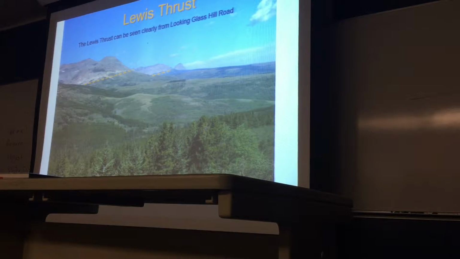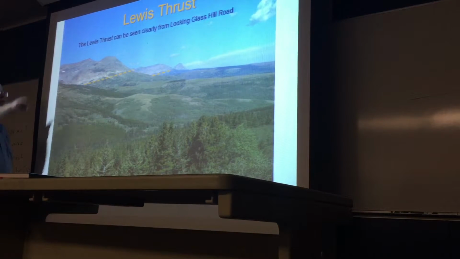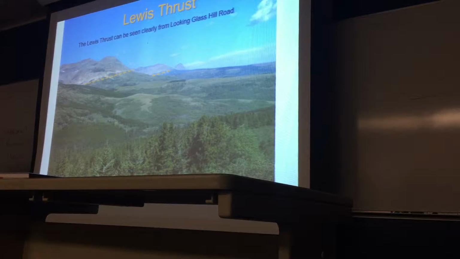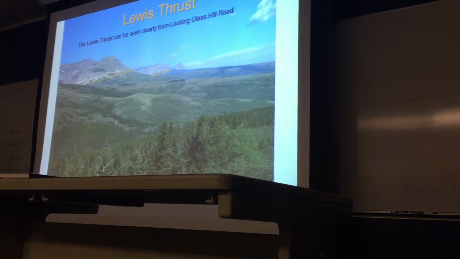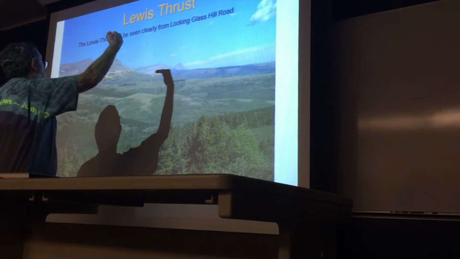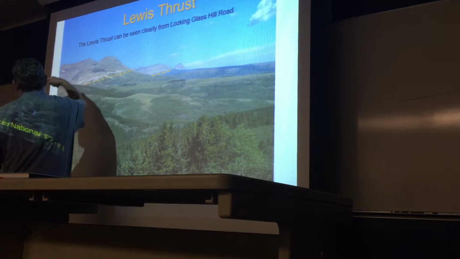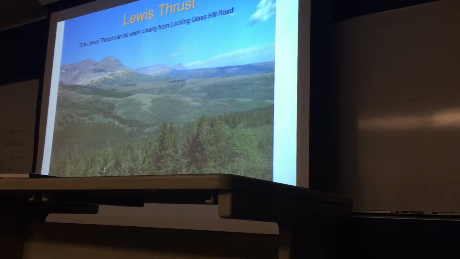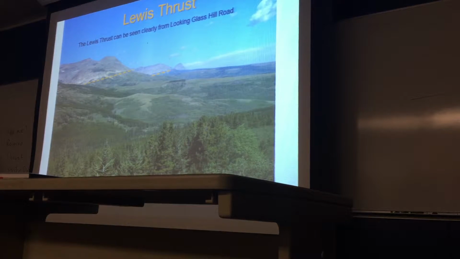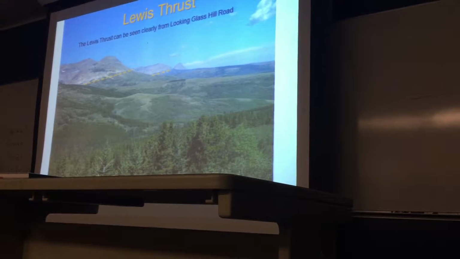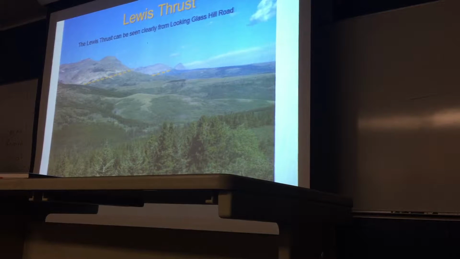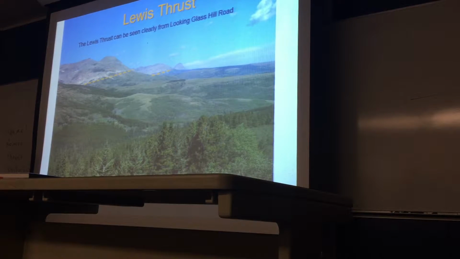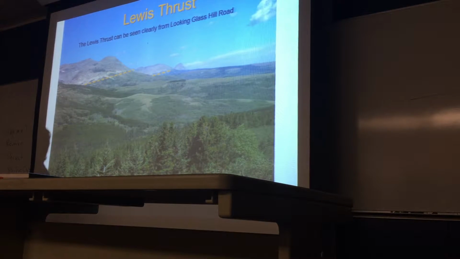And it has displaced Precambrian materials on top of Cretaceous age materials. And so the root of the complex would be back here, a little over 150 kilometers from where we are now. So it's part of that thin skin style of deformation in the northern Cordillera.